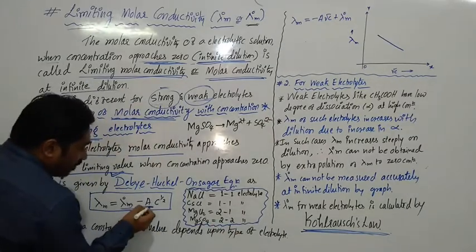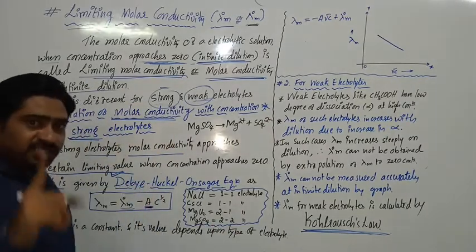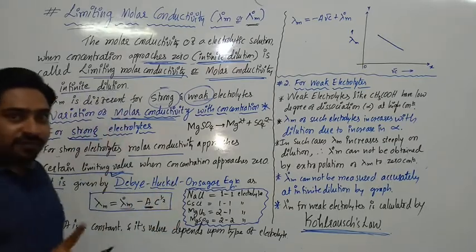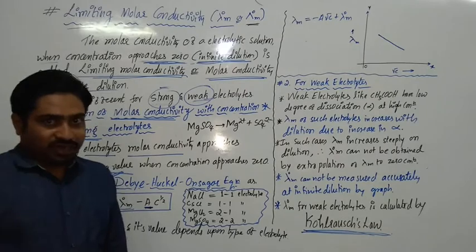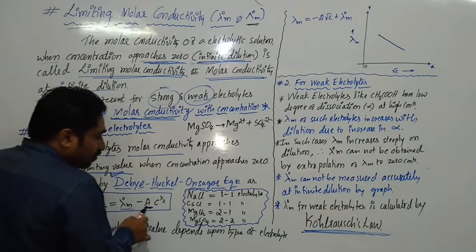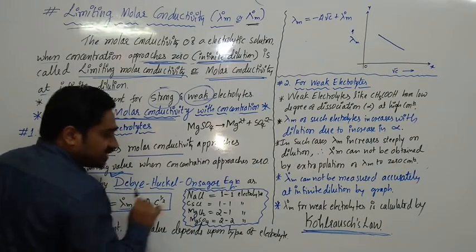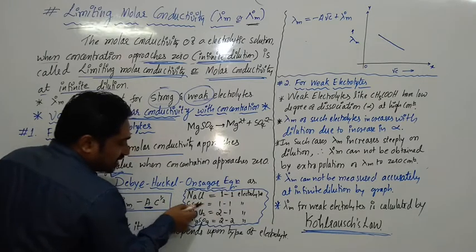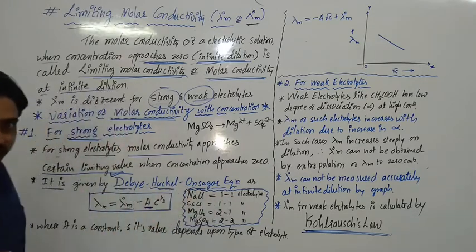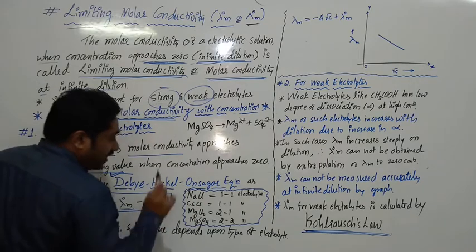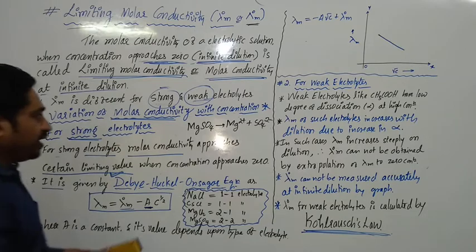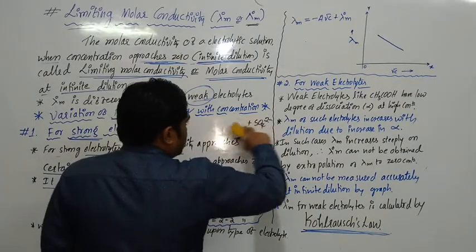So the value of a depends upon this. And please remember one more thing: the value of a remains the same for a particular type of electrolyte. The value of a is the same for NaCl and CsCl because both are 1,1 type electrolytes.